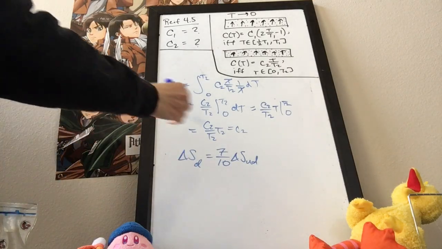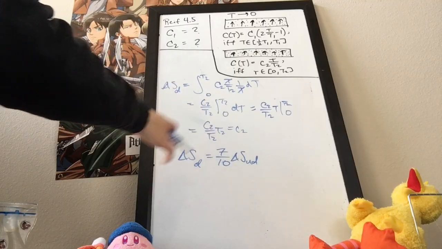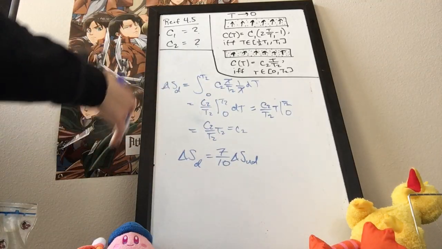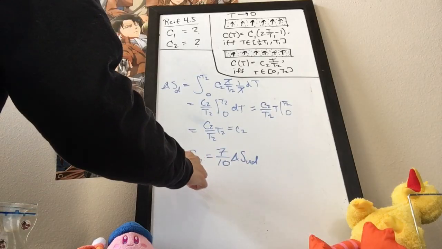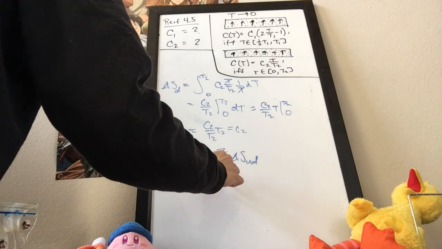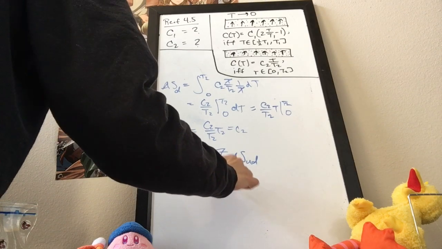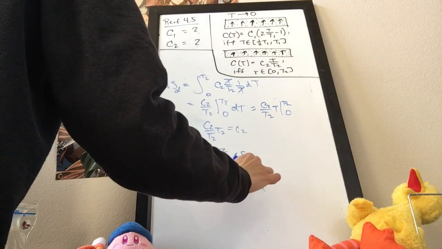So when we do this, we can plug in our changes in entropy for both of these cases, and then we can solve for a ratio of C2 and C1, which would look like this. So we could have C2 is equal to 7/10 times C1 times 1 minus the natural logarithm of 2.